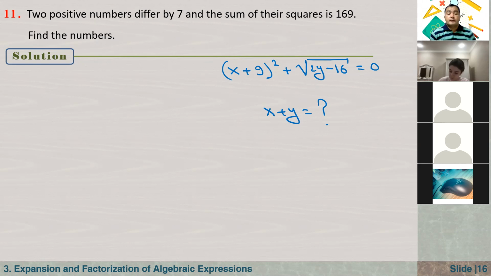Solve this easy question. Read this question. One minute, teacher. 37 seconds left. Okay. Actually, I'm near, but it's quite hard.